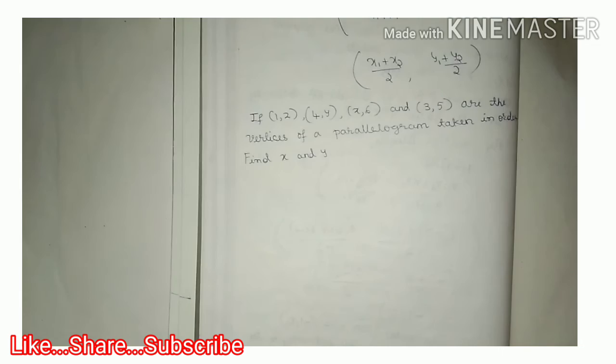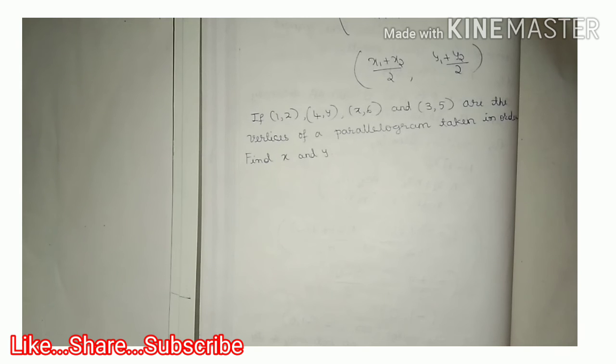One more example. If (1, 2), (4, y), (x, 6) and (3, 5) are the vertices of a parallelogram taken in order, find x and y.